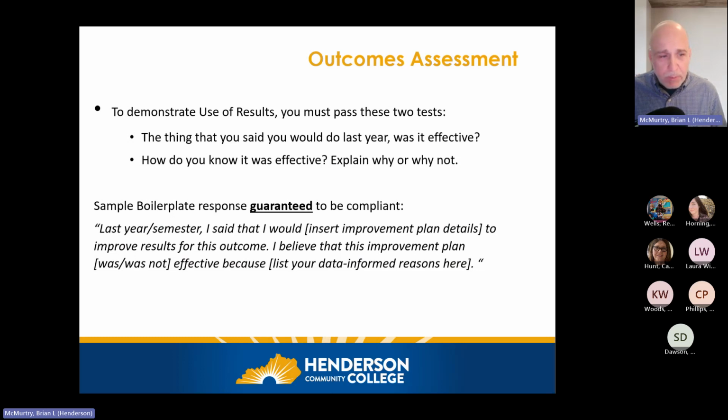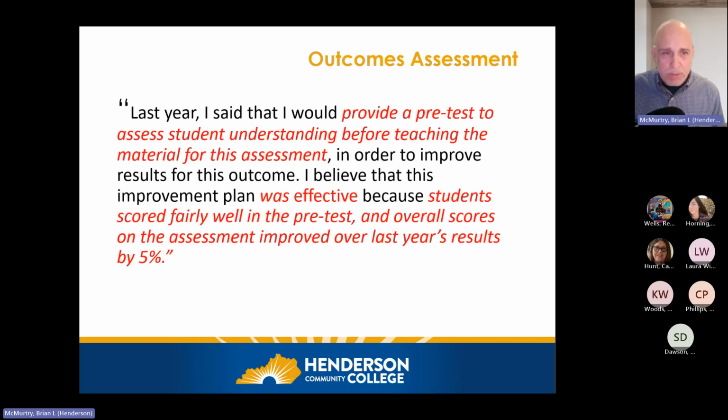I believe that this improvement plan was or was not effective because, maybe scores went up 5% over the last semester, or maybe you had a higher pass rate. It really is going to depend on the assessment, but make certain that you list a data-informed reason there. If you put that in, you're going to be compliant on use of results.